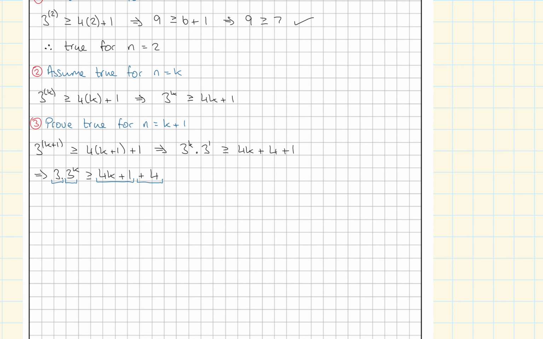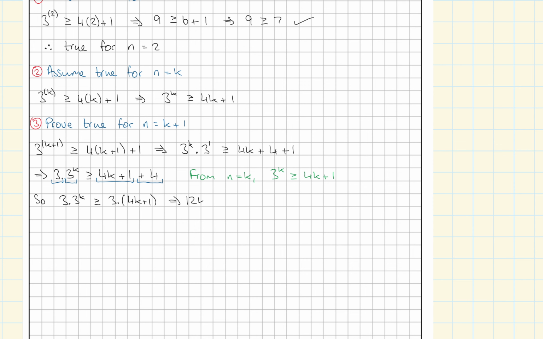So at the end, you can maybe make a note here. 3 times 3 to the power of k is going to be greater than or equal to 3 times 4k plus 1.